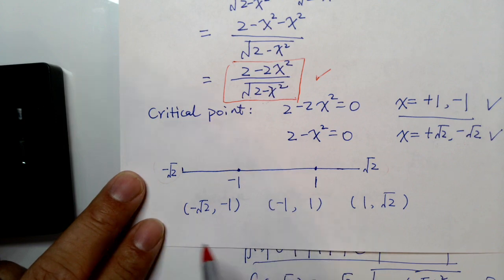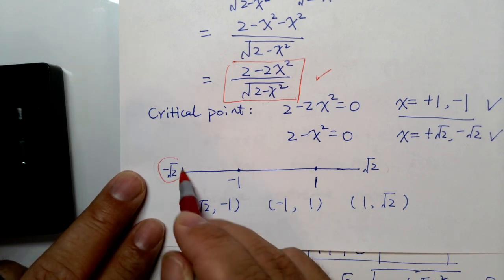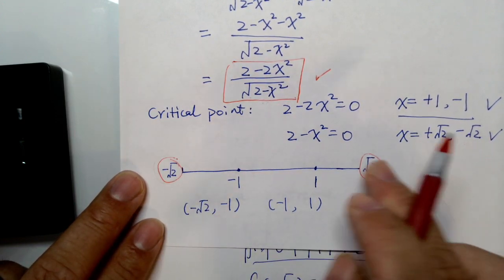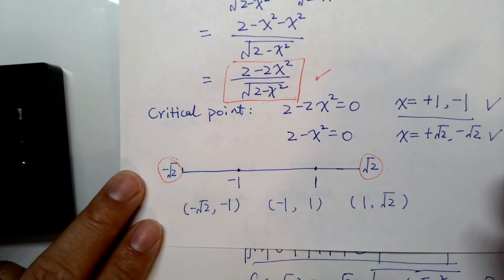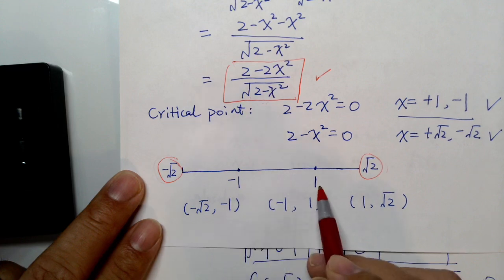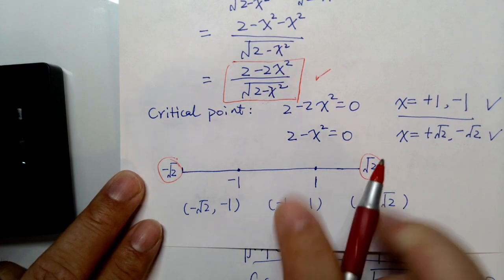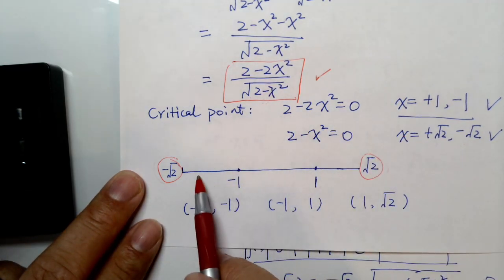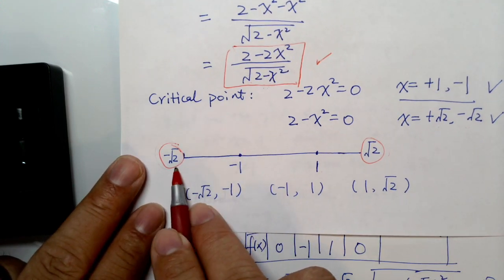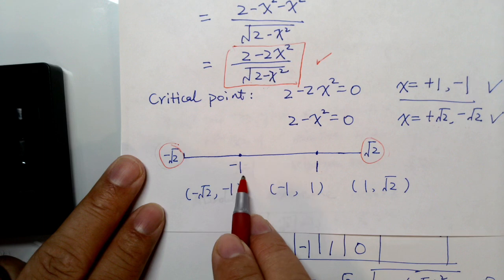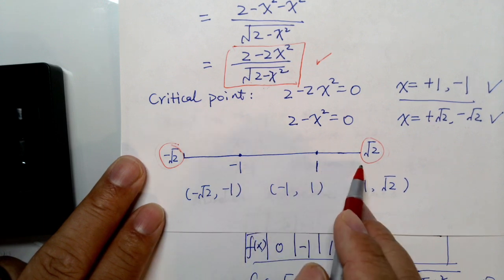And so very interestingly, the left endpoint and right endpoint are also my critical points, and of course negative 1 and 1 here. Those 4 partition my interval into 3 parts: negative square root of 2 to negative 1, negative 1 to 1, 1 to square root of 2.